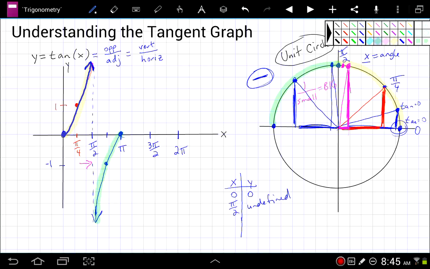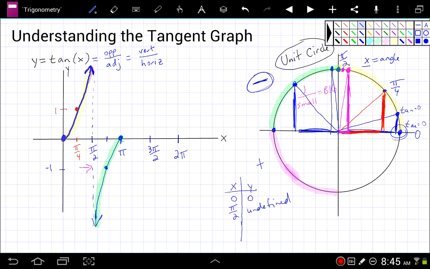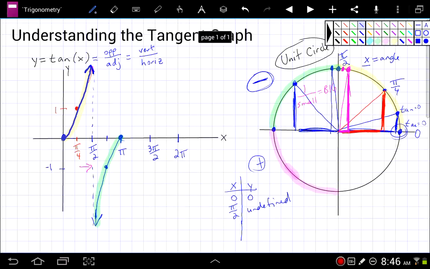It's already starting to repeat its behavior, right? Okay, let's venture into the third quadrant. In the third quadrant, tangent is positive again, because the horizontal and vertical sides are both negative, which gives you a positive ratio. And the values are going to repeat again. So now, at pi, I'm at 0.